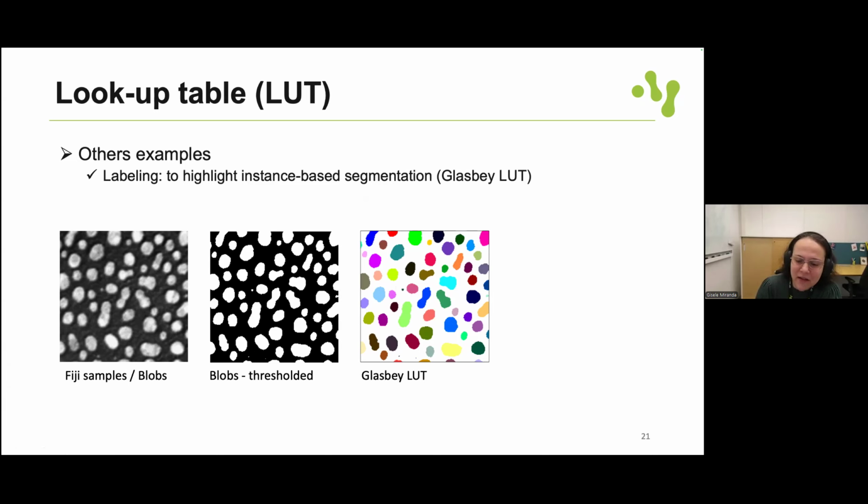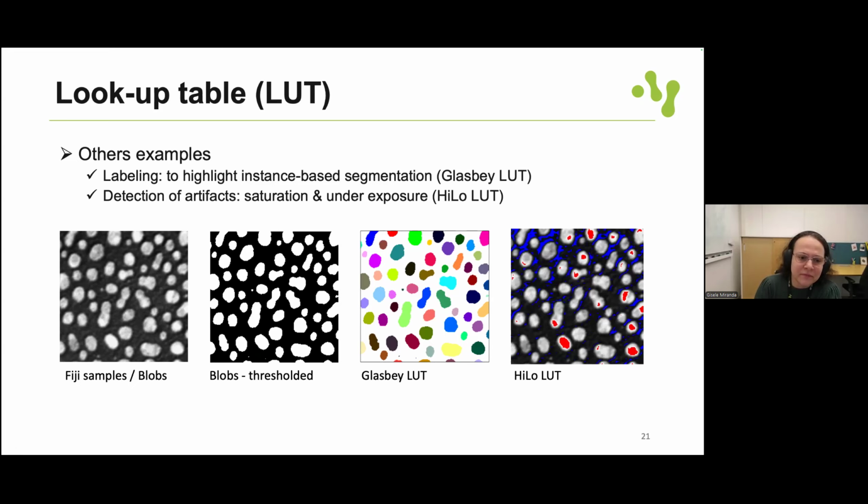It's not the case here, but when you have clustered nuclei, for instance, or when you are working with tissue images, this is very useful. Other examples include detecting artifacts, such as saturation and underexposure. This is a lookup table called high-low. So you can see here in red what is saturated and in blue what is underexposed.